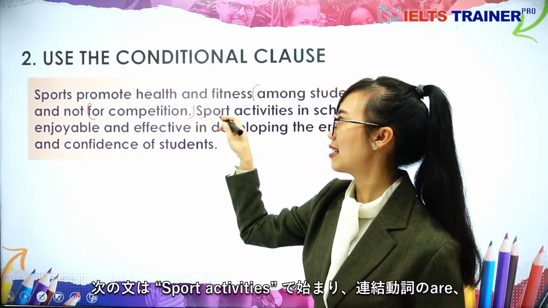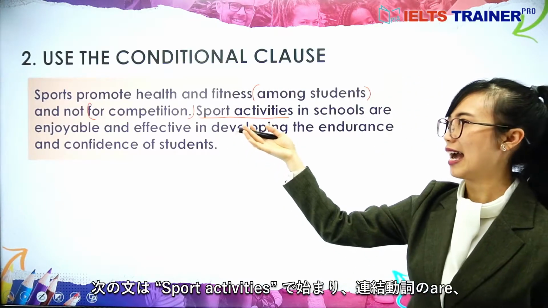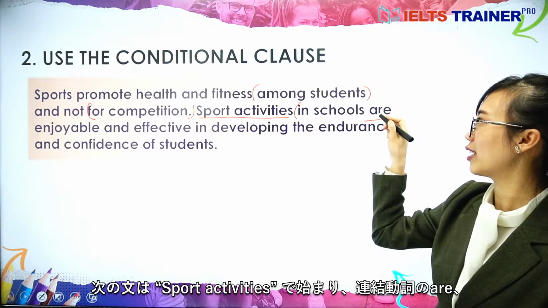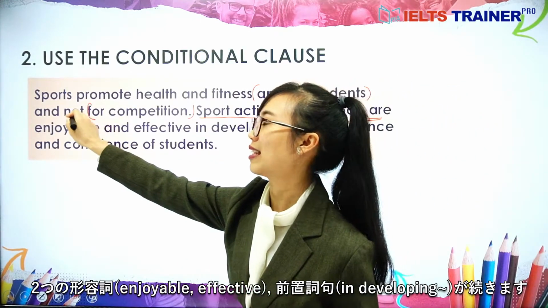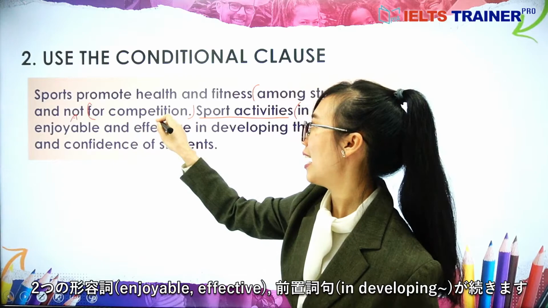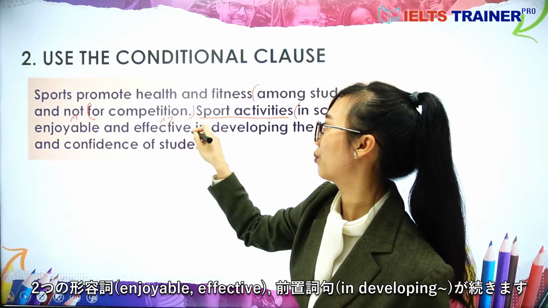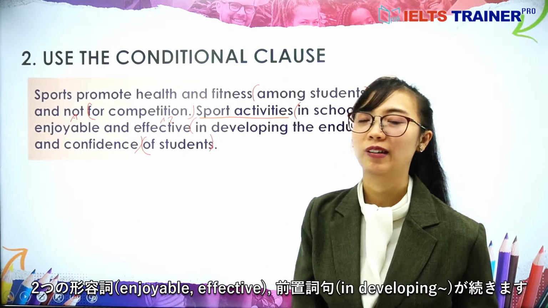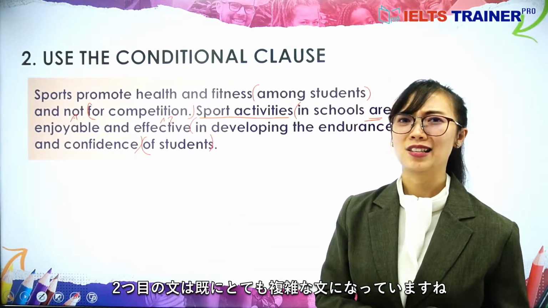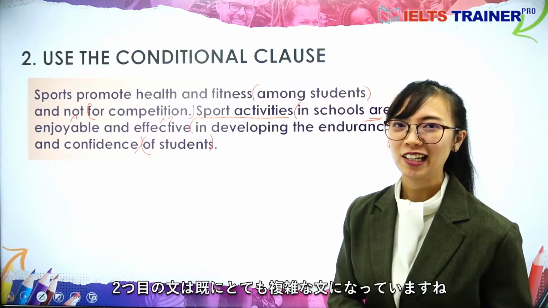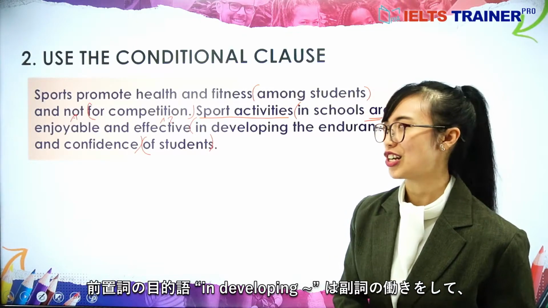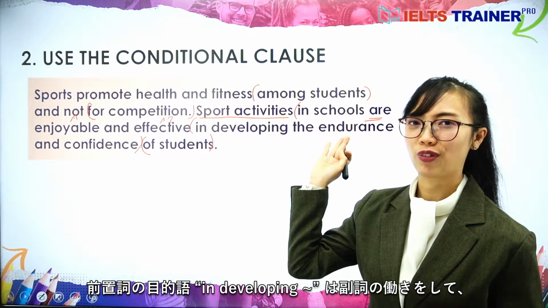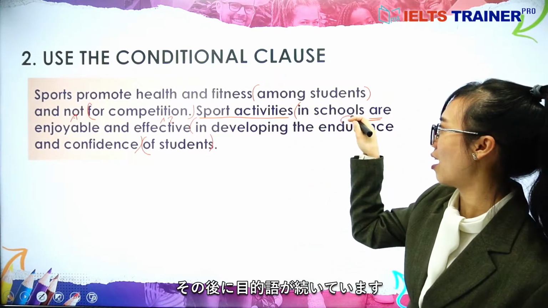And the second sentence begins with sport activities in schools are, your linking verb, followed by the adjective 1 and then the adjective 2. Prepositional phrase there. The second sentence is already quite a complex one with the object of the preposition in developing the endurance, which is a verb, and followed by the object.